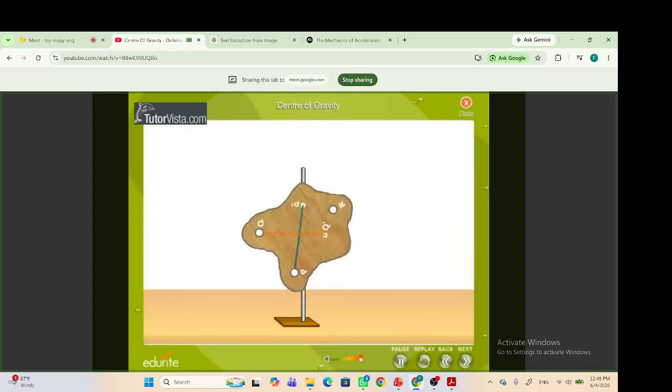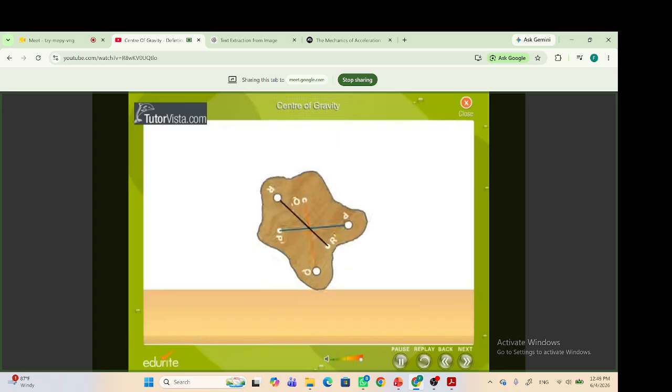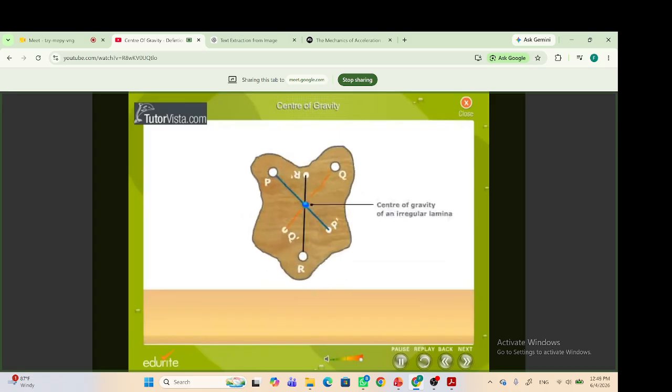Now follow the same procedure for the point R. We observe that all the 3 lines PP', QQ', and RR' intersect at one point. This point where all the 3 lines meet gives the center of gravity of the lamina.